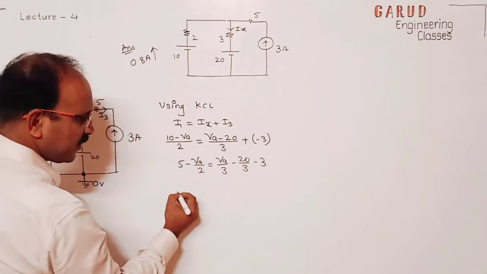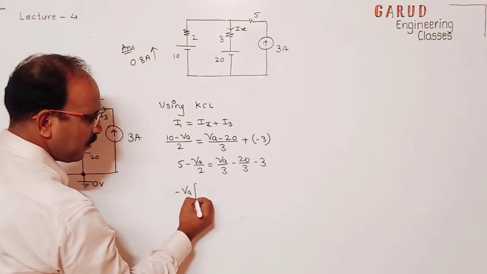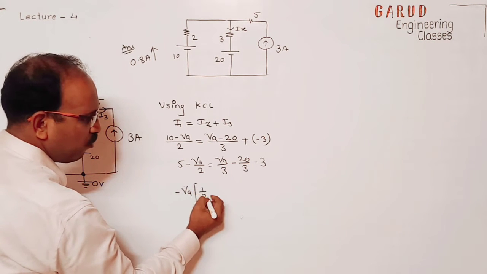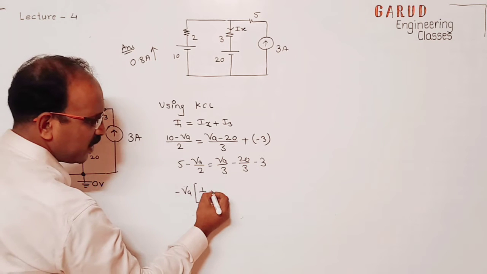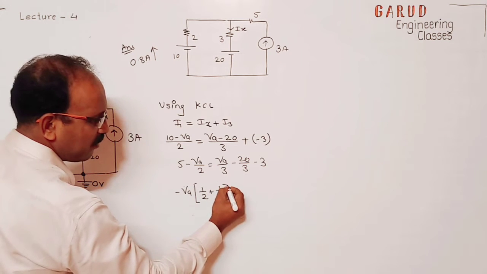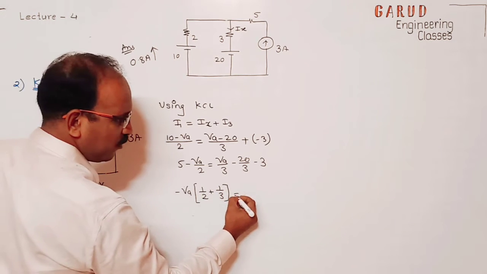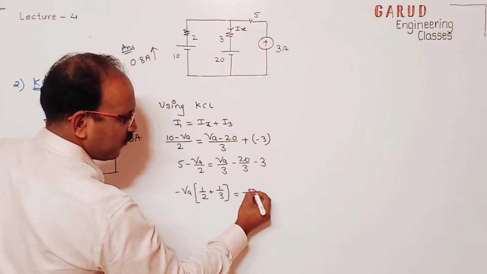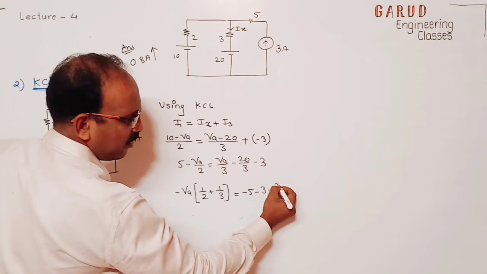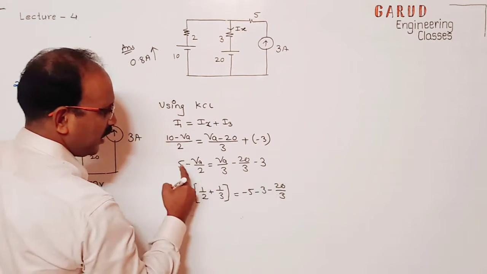Take the variable this side: minus VA by 2, and take VA this side, minus 1 by 3, so it will be 1 by 3. Take minus common, equals minus 5 minus 3 minus 20 by 3. Take 5 that side.